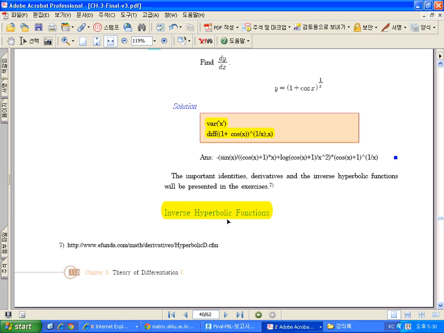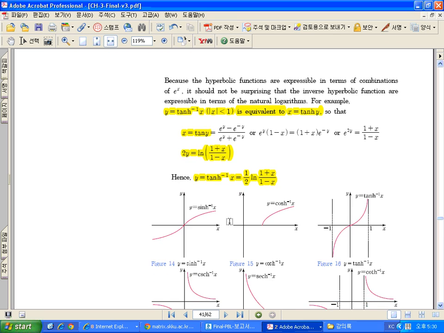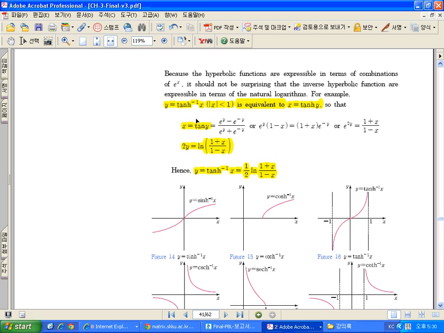Now we define the inverse hyperbolic functions and their derivatives. Let's think about the inverse hyperbolic tangent function like this. This is equivalent to x equals hyperbolic tangent y.